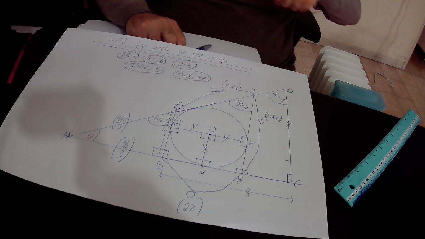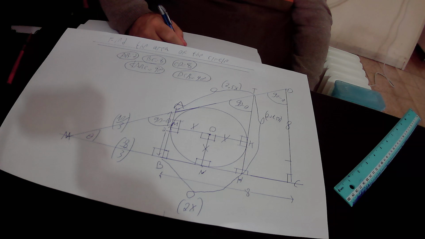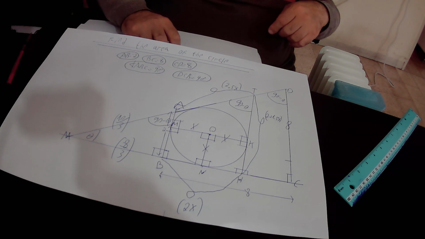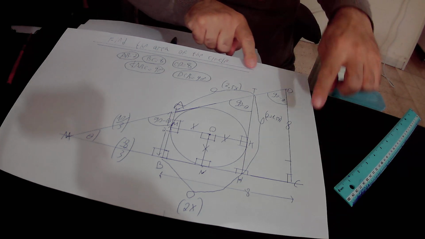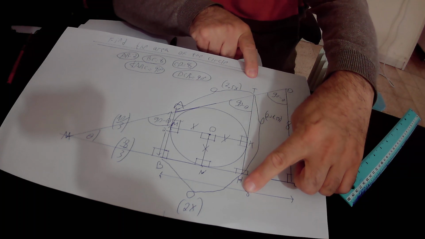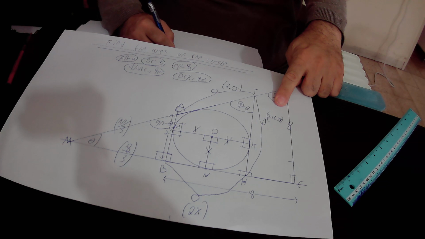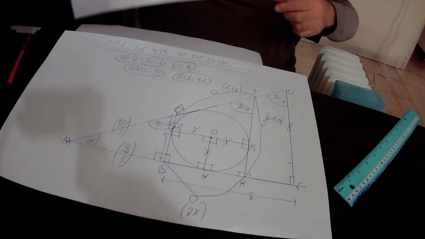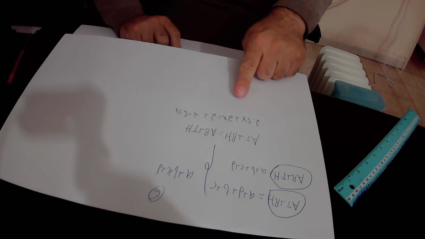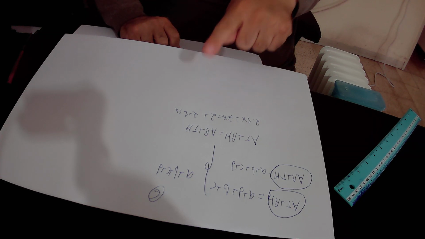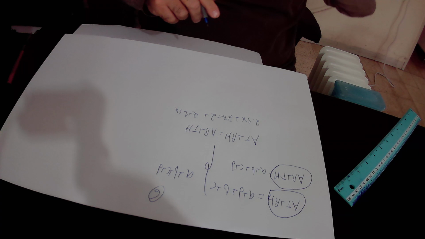AB is 2, so we substitute AB by 2 plus TH. Here, TH equals 2 plus 1.5x, so we substitute TH in the equation by 2 plus 1.5x. So in total, we found out that 2.5x plus 2x equals 2 plus 2 plus 1.5x.